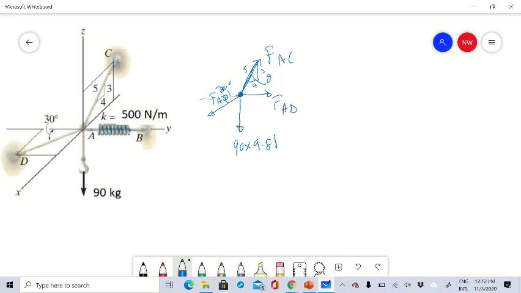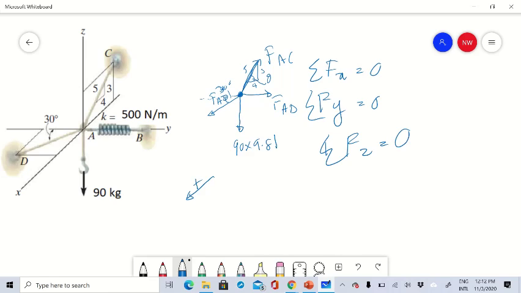So for this particle to be in equilibrium, we know sigma Fx should be equal to 0, sigma Fy should be equal to 0, and sigma Fz should be equal to 0, right. So if we take the forces in x direction, I say this direction is positive, so we can say sigma Fx is equal to 0.